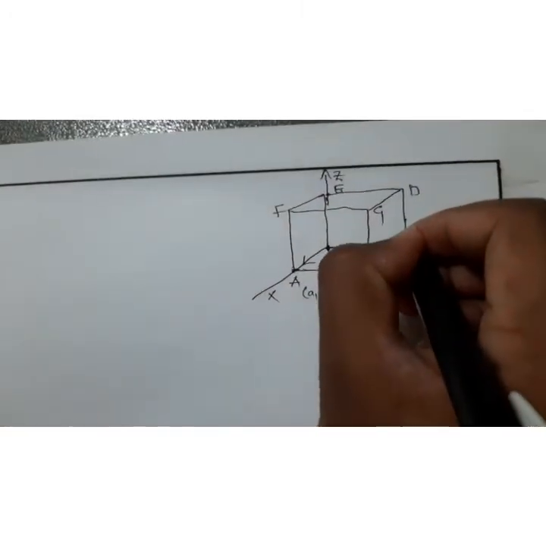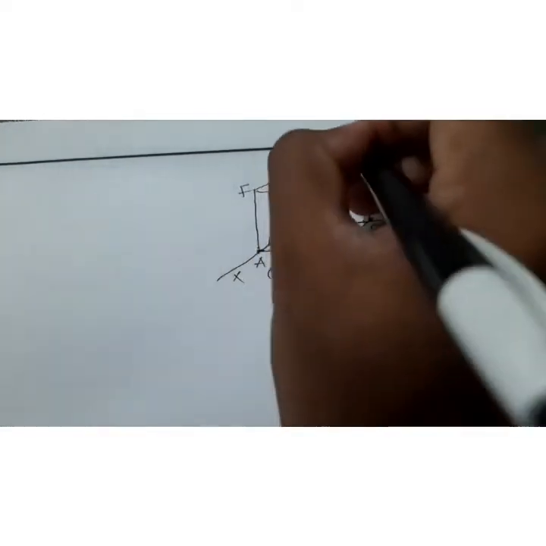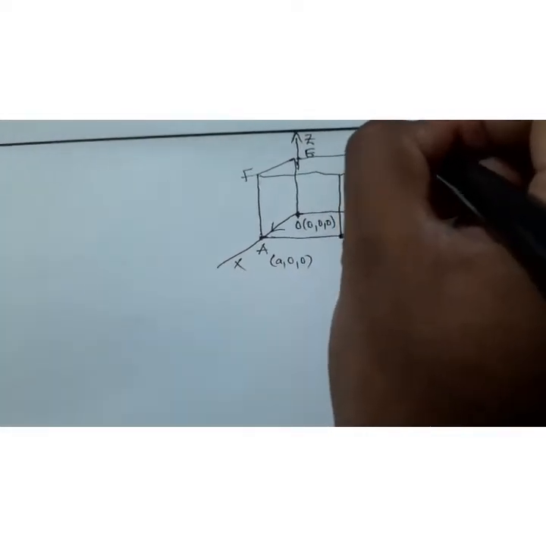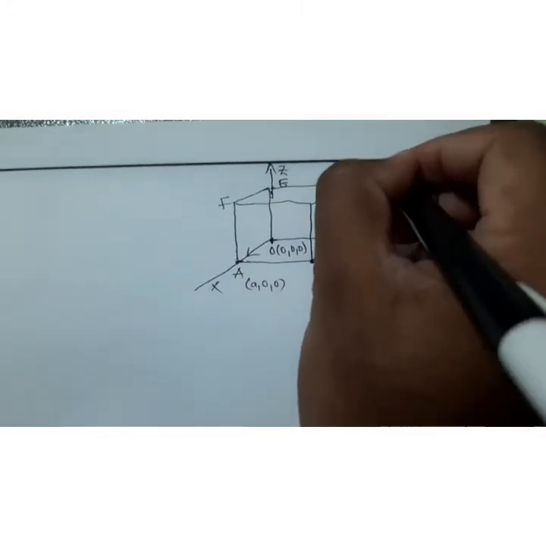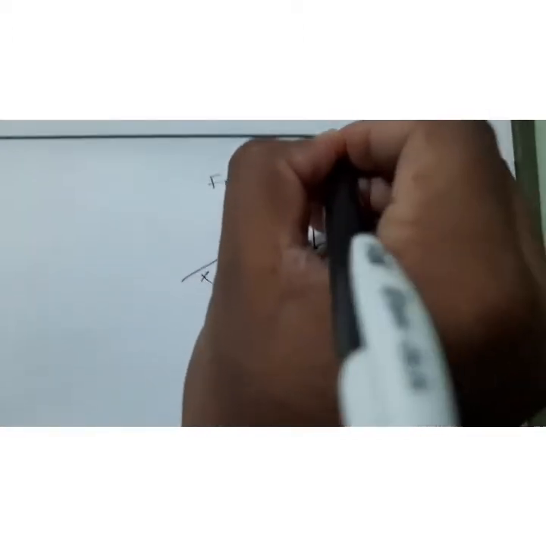Here this is the point on the y-axis, 0, a, 0. This is the point in the yz plane, that is x is equal to 0, the point 0, a, a. This is the point on the z-axis, 0, 0, a.